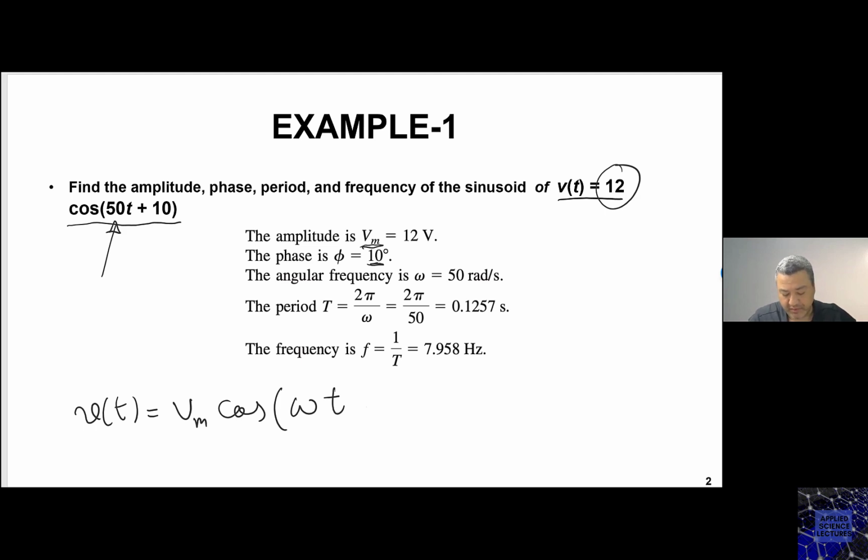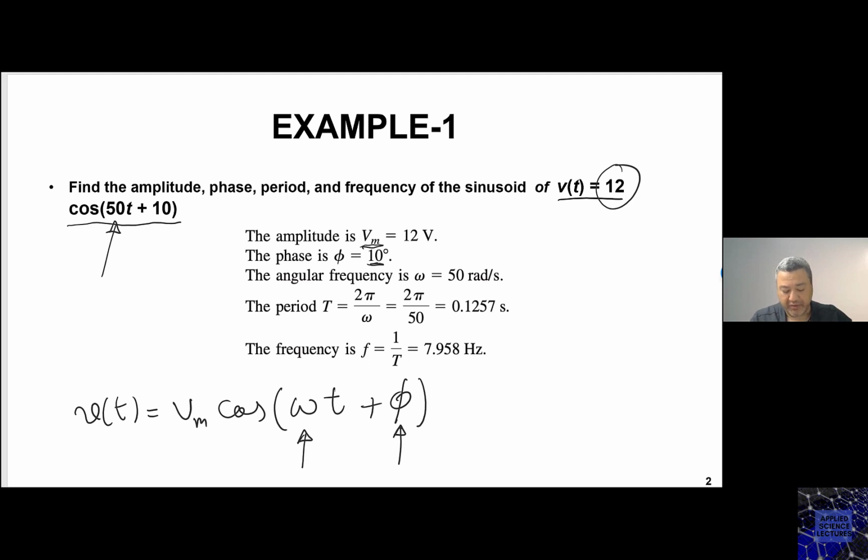So this is the phase shift. This is in degrees. For simplicity, we use the unit of degrees here.